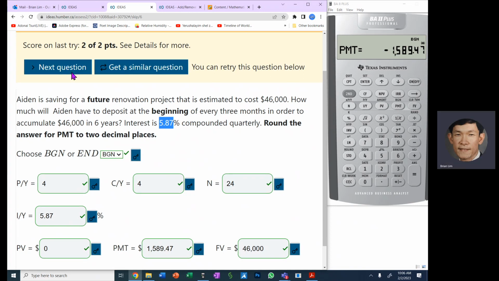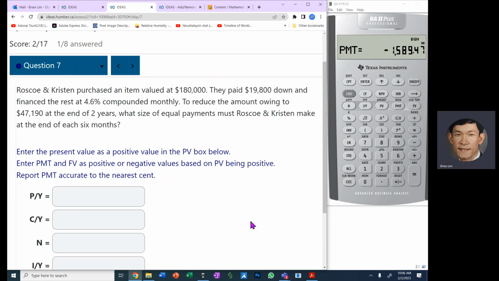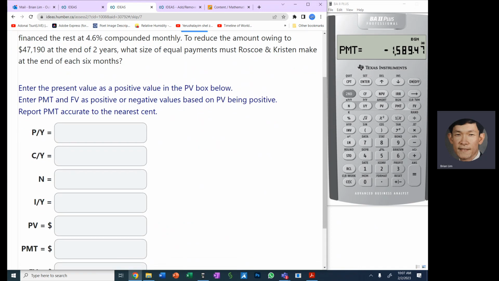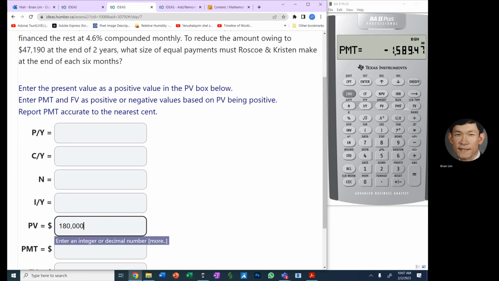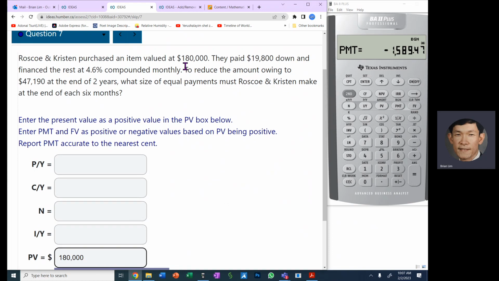Okay, so let's go to the next question. So here we have Roscoe and Kristen purchased an item valued at $180,000. Now that would be their present value, of course. So if we wish, we could take that number and paste it into the present value, but not quite, maybe.